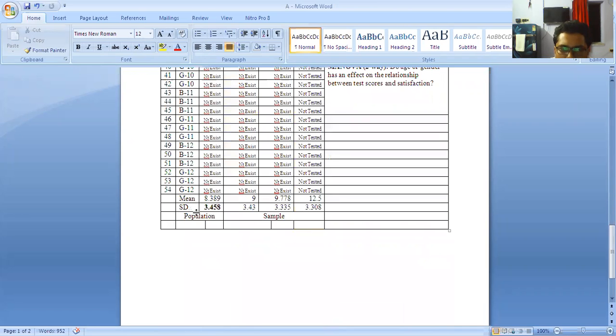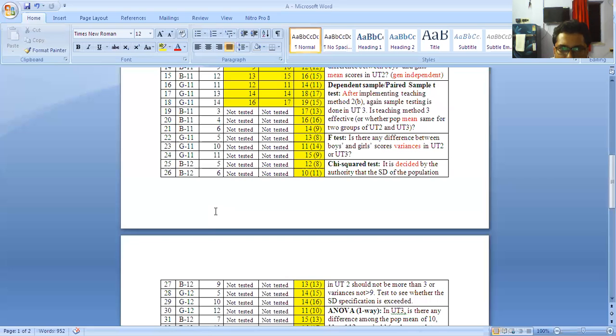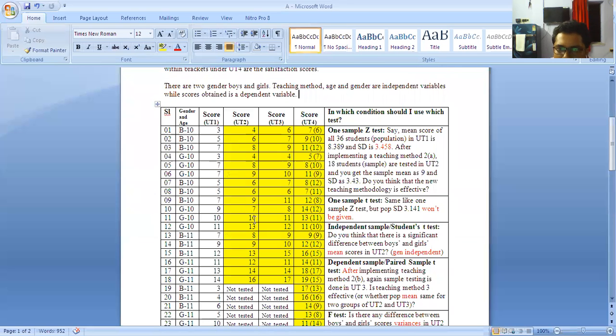That means this 3.458 was the standard deviation of the population earlier, but in this case, this population standard deviation is not known. So in this case you will perform one sample T test.